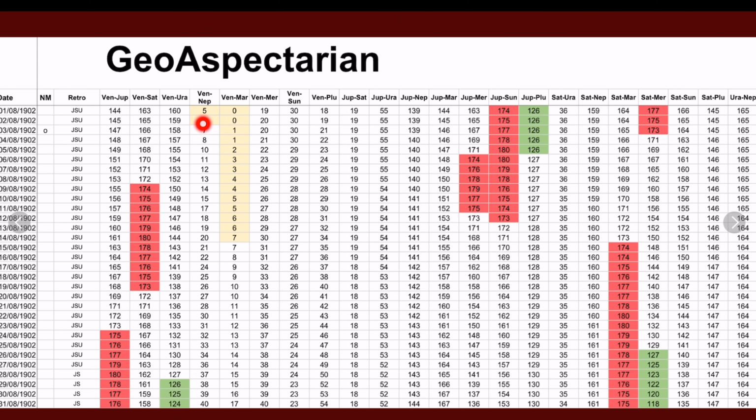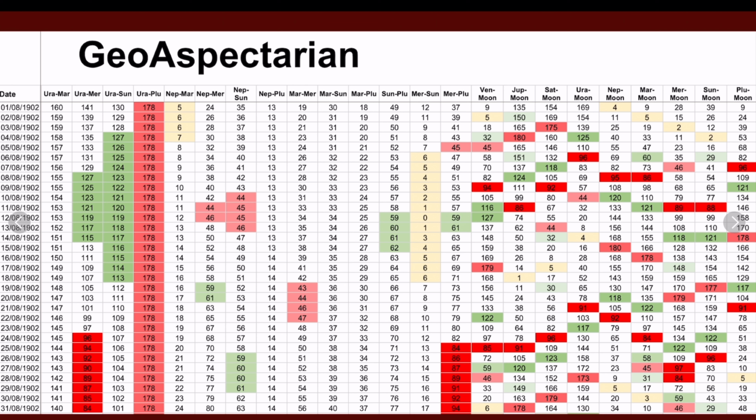Now looking across the file we can see Venus and Neptune coming out of a conjunction, Venus and Mars conjunct, Jupiter Sun opposite, Jupiter Pluto in a trine, Saturn Mercury opposite, and if I scroll across to the right we've got Uranus Pluto opposite, Neptune and Mars coming out of conjunction, and on the far right we've got all the moon combinations.